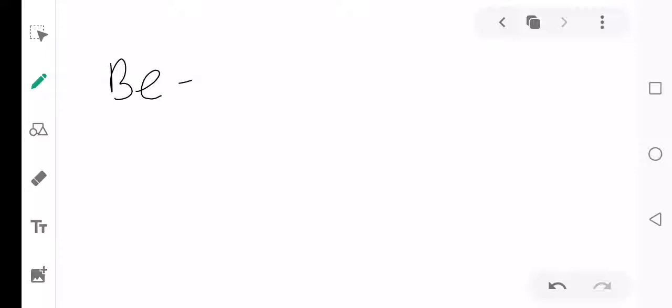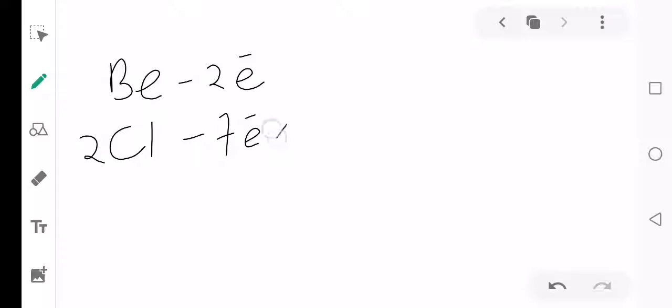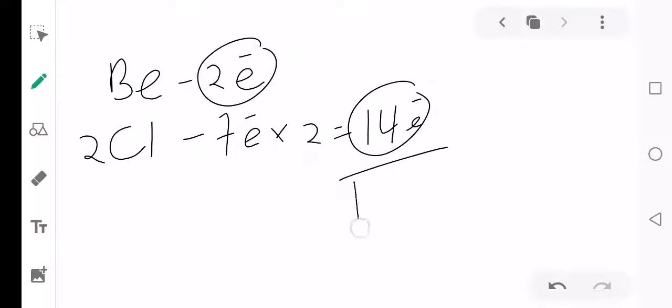So from here you can write down 2 electrons. Meanwhile, Cl is group 17, and the period is period number 3. Group 17 means 7 valence electrons, and in BeCl2 there are 2 moles of Cl, so you times it by 2, and you will get 14 electrons. The total is 14 plus 2, so you will get 16 electrons.